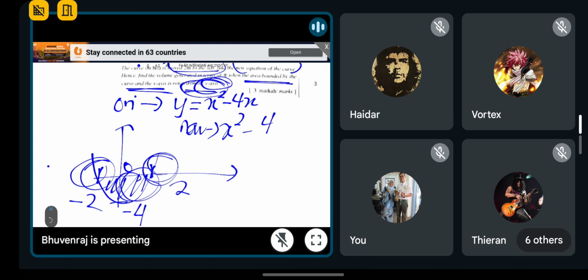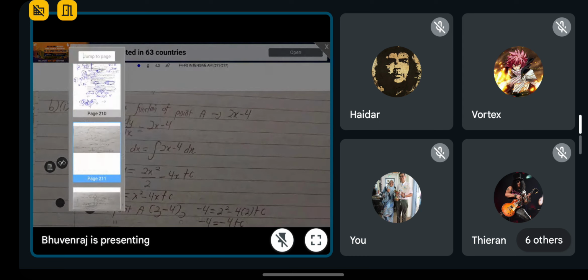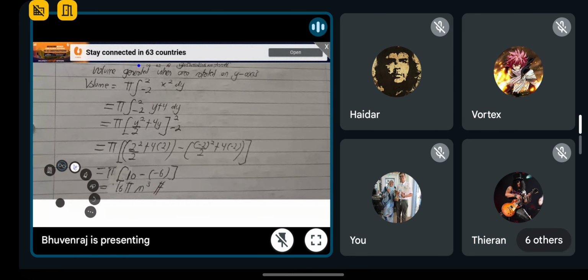Never mind. So how to do this one? Again, you apply your volume formula. The formula for volume is over here. Okay, so you integrate from 2 to negative 2. I think they mean x-axis, guys, but I don't know why actually they use this limit.